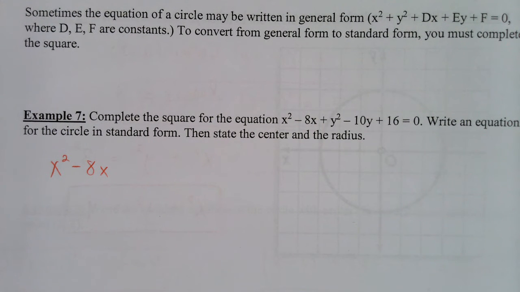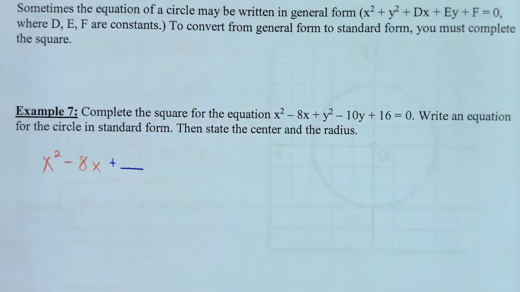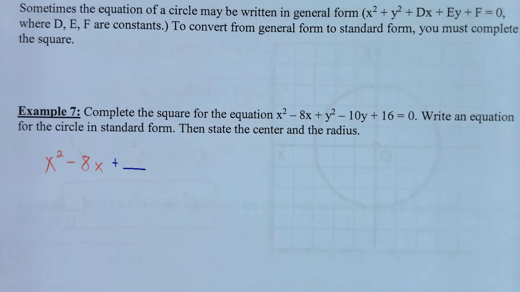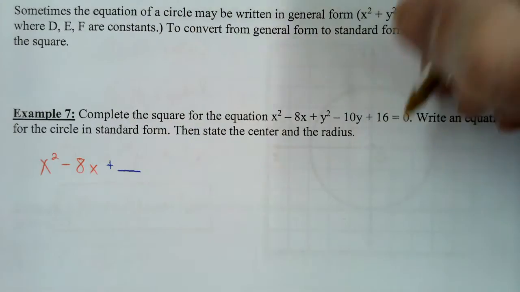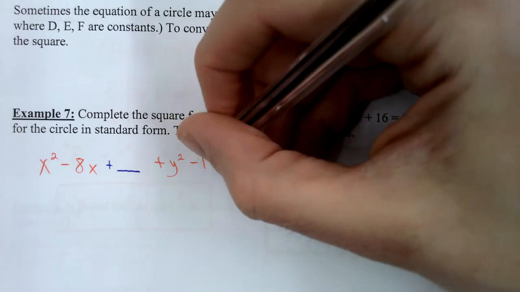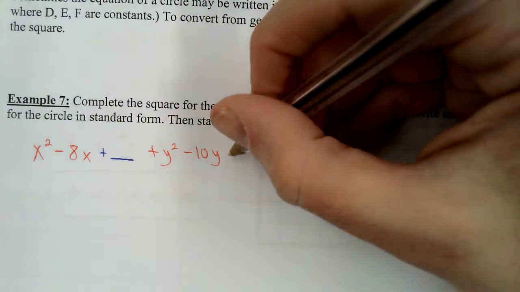I'm going to write the x squared minus 8x. I guess I'll do this in a different color. Then I'm going to put plus blank after the x term, the linear term. And then you're going to put the y squared and then the 10y next. You're going to put all the y's next. Again, always after the linear terms, you're going to put plus blank.